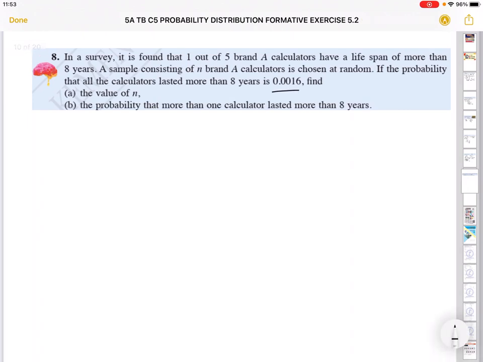Your probability is 1 over 5. 1 out of 5 have lifespan more than 8, right? I don't care so much about more than 8 years because it's just the probability. Okay, we don't have to write x equals 8 or something like that. So if you have n calculator, all n of them lasted more than 8 years, your probability is 0.0016.